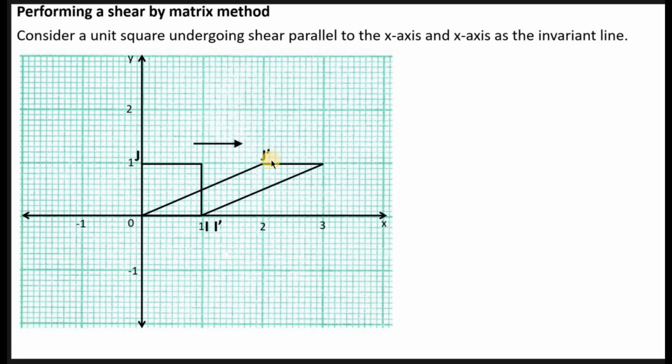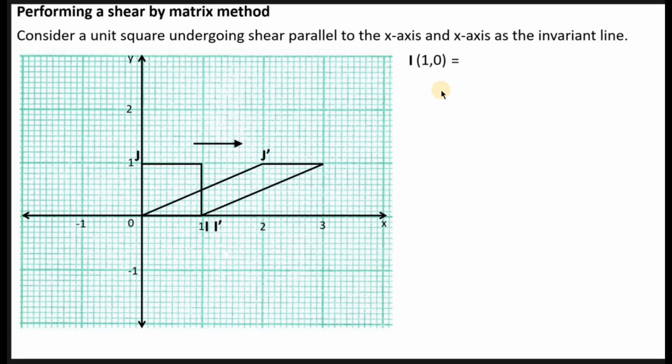All right, so if we were to put all the object points and the image points into matrix form as we have been doing, the object point I is (0, 1), and this point is (1, 0).